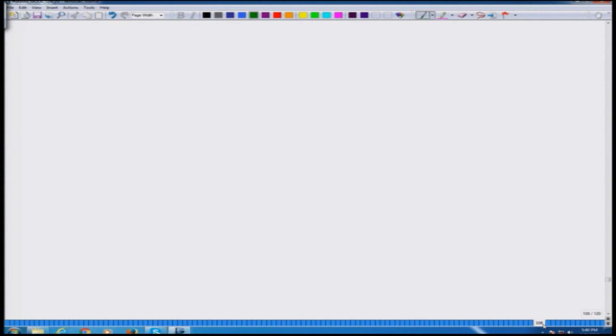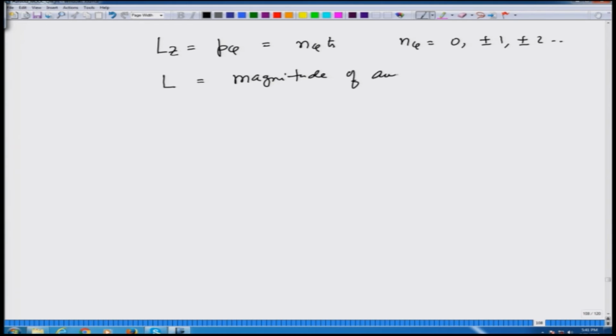So, let us just again summarize. Lz, which is p phi, is equal to n phi h cross, and n phi is 0 and plus minus 1, plus minus 2 and so on. L, which is the magnitude of total angular momentum, is going to be (modulus n phi plus n theta) h cross.